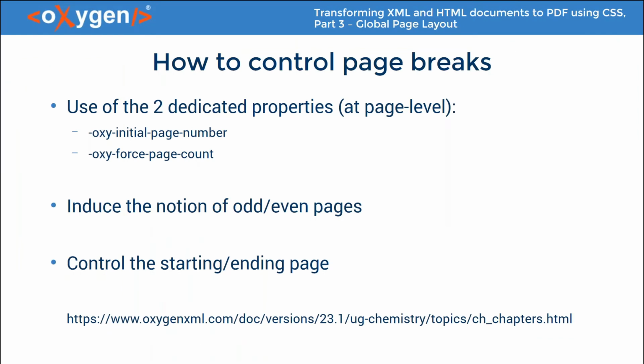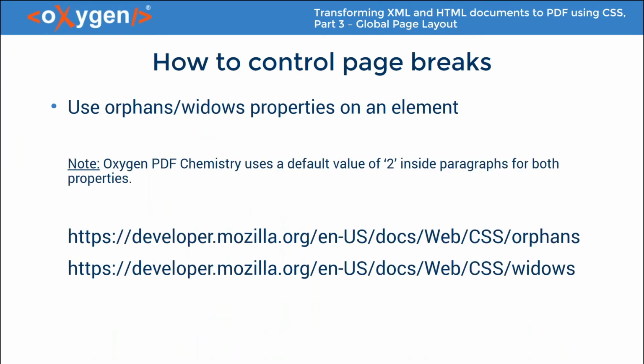And finally, to control page breaks, you can also use two other CSS properties, which are called orphans and widows. These properties allow you to define, for one block element, the number of lines that must be shown at the bottom or the top of a page.